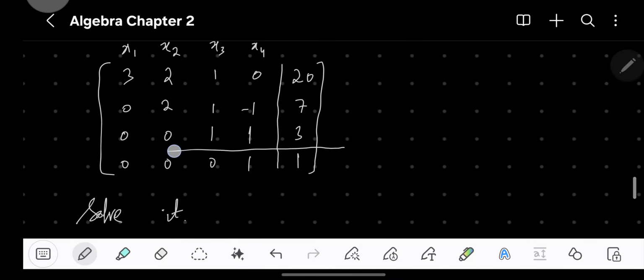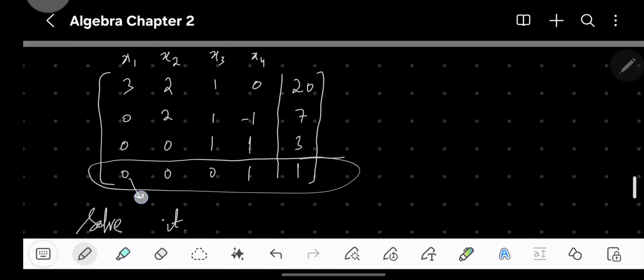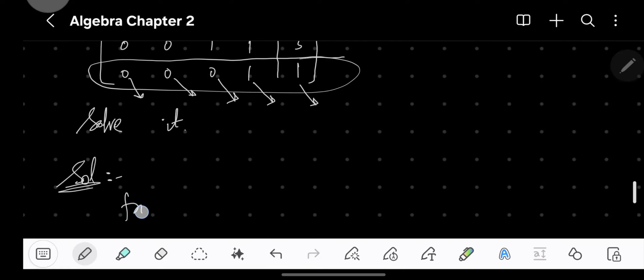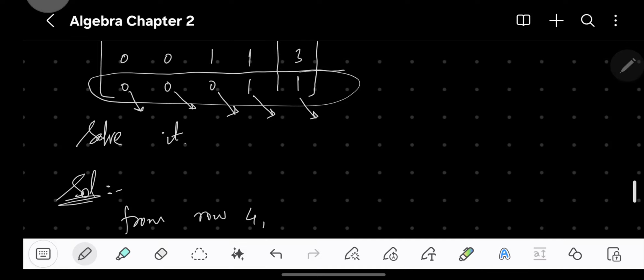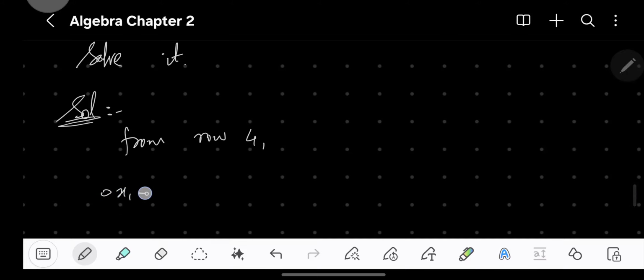If we compare the last row, from row 4 I will write 0x1 plus 0x2 plus 0x3 plus 1 times x4 is equal to 1.